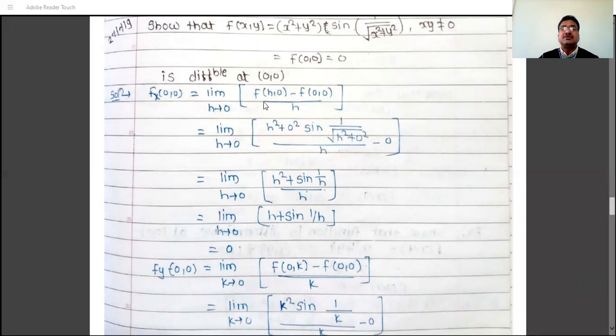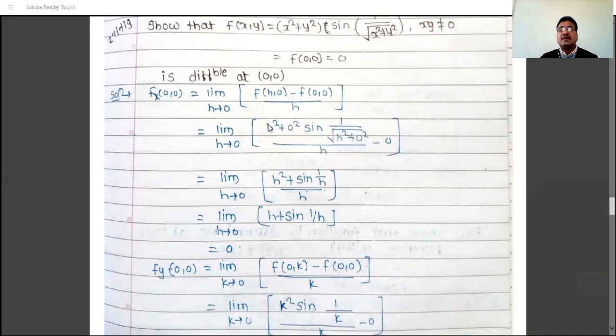First find fx(0,0), which is the limit as h tends to 0 of [f(h,0) minus f(0,0)] divided by h. So f(h,0), using this definition, is (h square plus 0 square) times sine of 1 by root of (h square plus 0 square), minus f(0,0), which is 0 as directly given, divided by h.